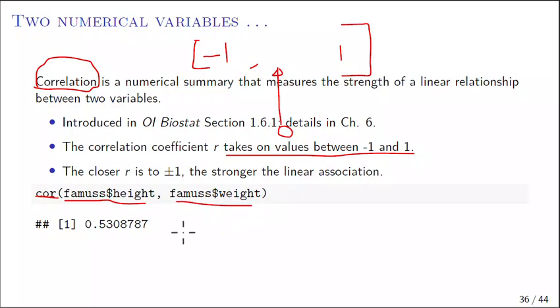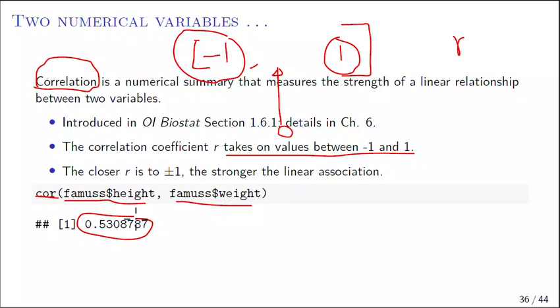So if this r, usually we use R or little r to denote it, is very close to either -1 or +1, that means this linear relationship is very strong. But if it's very close to 0, then it's not that strong. For example, for height and weight, we get 0.5 something. It's kind of a medium strength, okay?